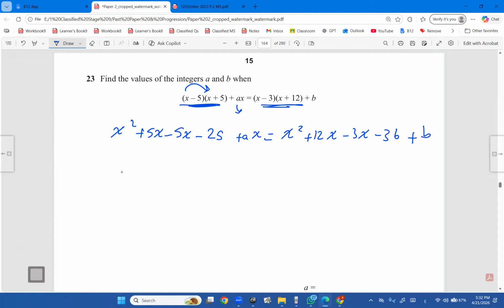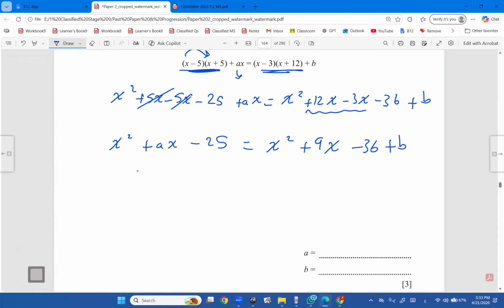Collect the like terms. So here x squared, bye-bye. So we can rearrange it to get plus ax here first. It doesn't matter actually if you keep it in the same position. Minus 25 equals x squared, and simplify these two together, collect them, is going to give you plus 9x, and here negative 36 plus b, we cannot do anything about them.